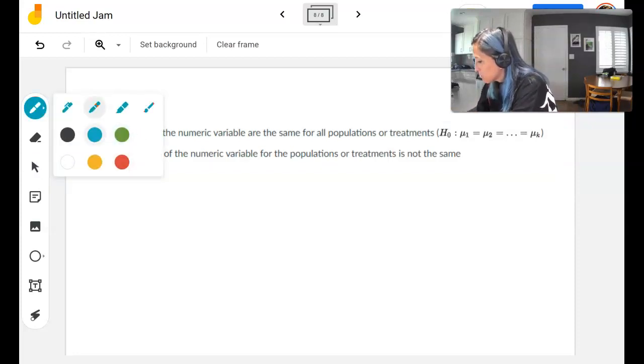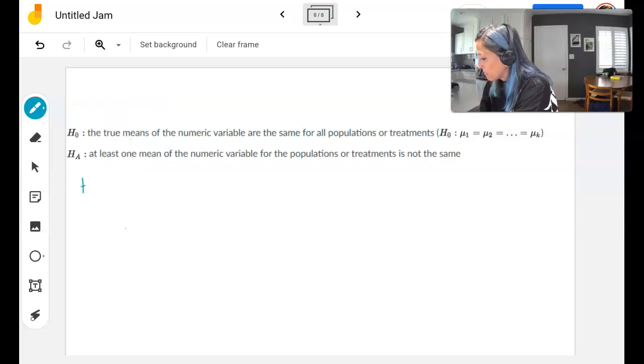Okay, so let's just write it out. The true means of our numeric variable. All right, the true average or mean, I'm just going to use average. I don't know why I'm doing that, but it's too late now.